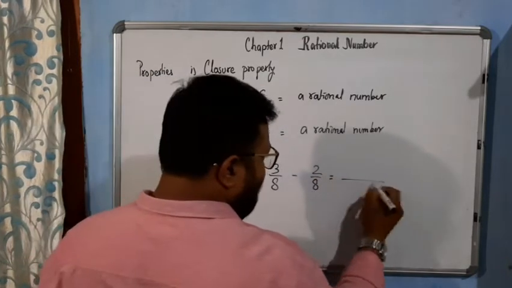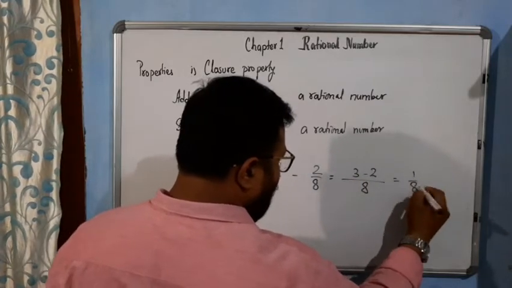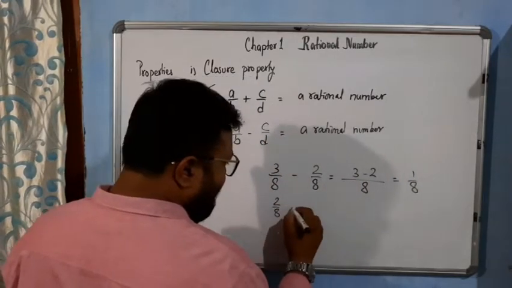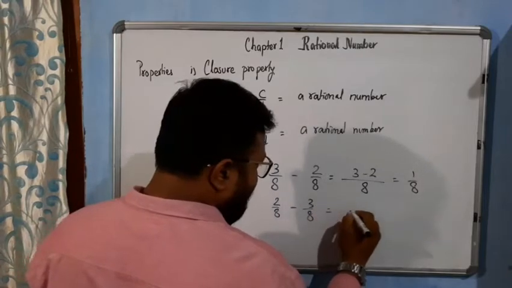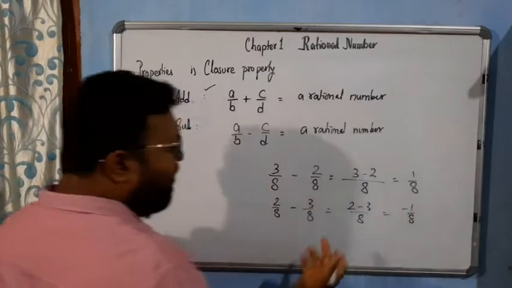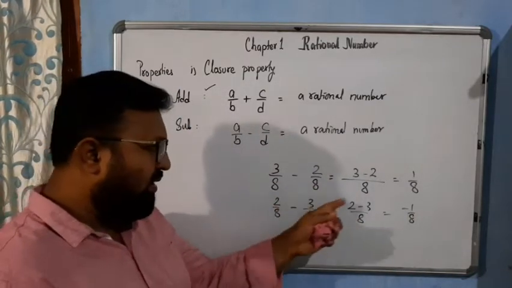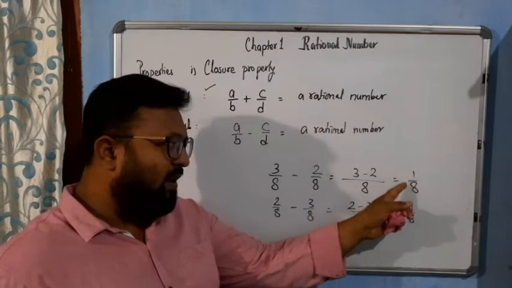If we take LCM 8, 3 minus 2 gives you 1 by 8, or 2 by 8 minus 3 by 8 gives you 2 minus 3 by 8, which is minus 1 by 8. In both cases, the higher value minus lower value, and the lower minus higher, we are getting a p by q form rational number.